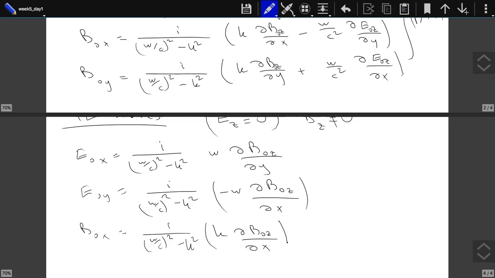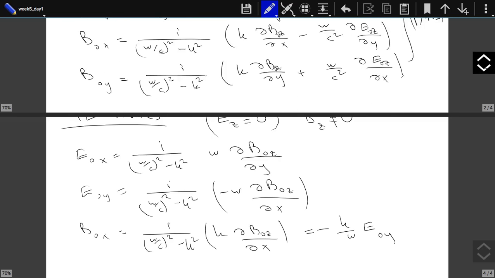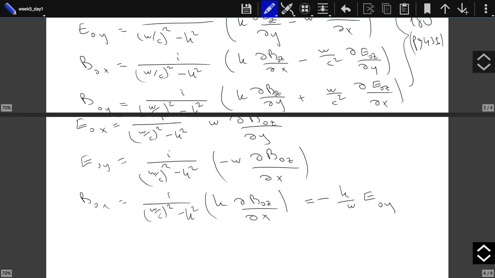Well, you see, both of these are related with the derivative of B0z with x, so I can just write the second one as equal to minus K over omega E0y, if you like. And, okay, B0y is equal to I over omega over C squared minus K squared multiplying K times the derivative of B0z over del y.